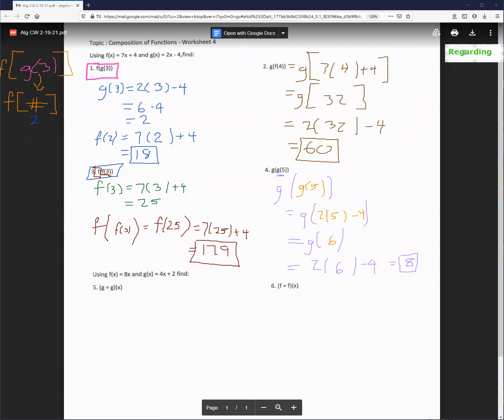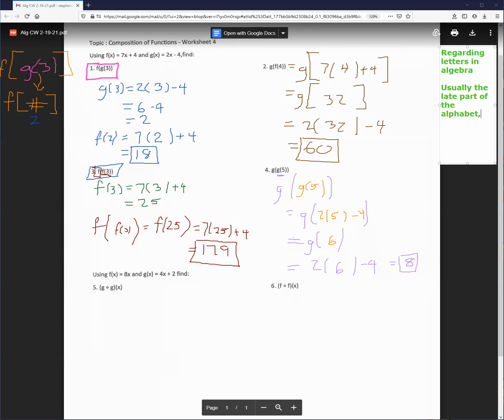So regarding letters in algebra, this is not a hard and fast rule, but in general, usually the later part of the alphabet, so x, y, z, u, t, these are letters that we use as variables, strict variables.